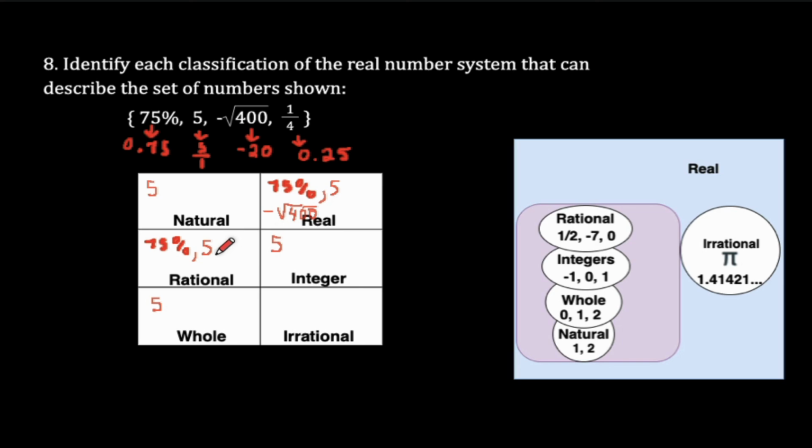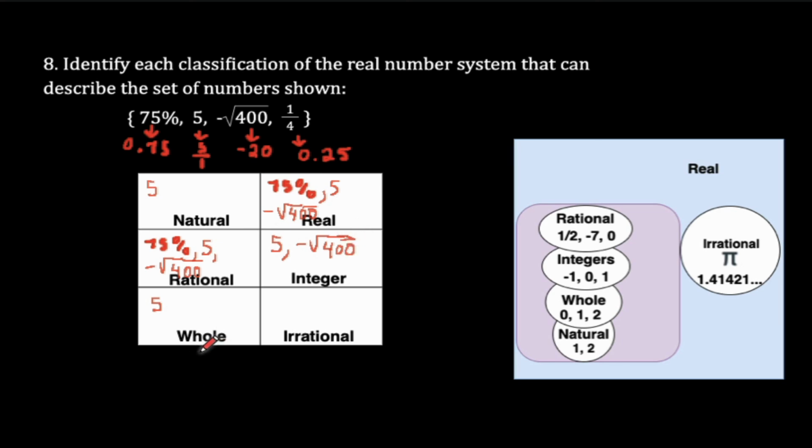So we'll place negative square root of 400 here as well. All right. What about an integer? So is negative 20 an integer? That is correct. So we'll place the negative square root of 400 here. Because remember, integers contain whole numbers plus their opposites.